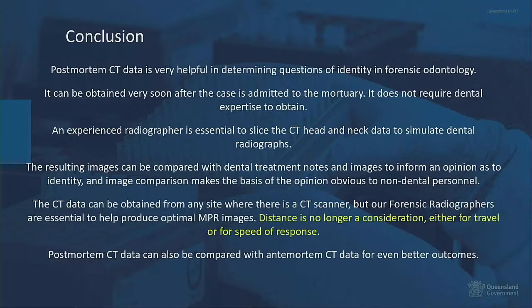We do not attempt to either secure the CT data or to slice it ourselves. A very competent radiographer is the best thing you can have to aid you in this work. So we say an experienced forensic radiographer is an essential part of the workflow. We can compare the images that they produce with dental treatment and dental images.